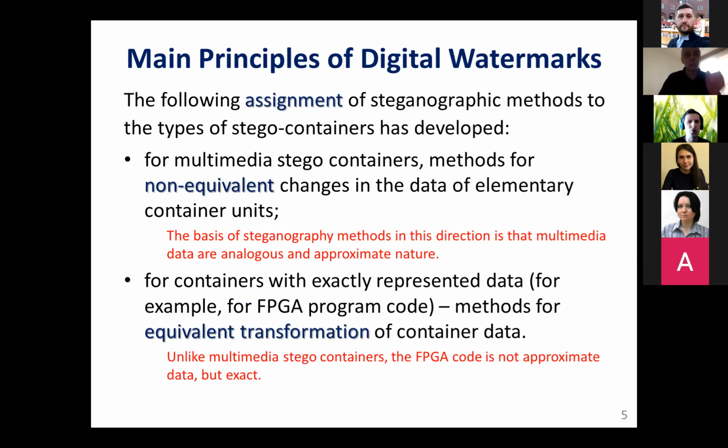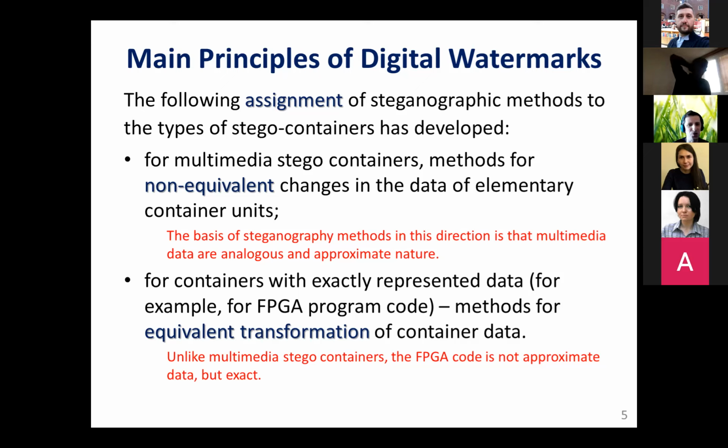The following assignments of steganographic methods to the types of Stega container have been developed. For multimedia Stega containers, methods for non-equivalent change in the data of elementary container units.